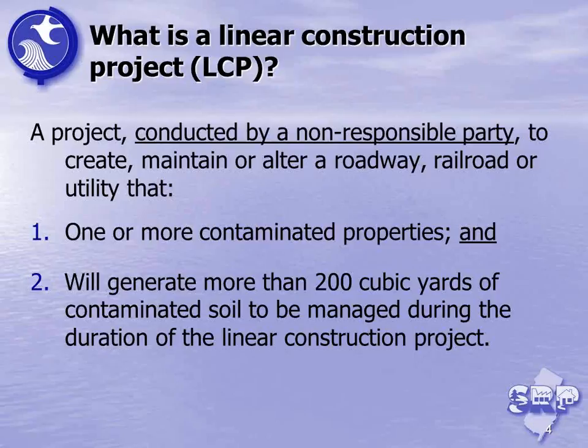These projects are long, often very long, between two points. They can be miles long, a mile long, 500 feet long, 50 miles long. They can take years to complete. They often intersect contamination one way or another, and that's what this guidance is all about.